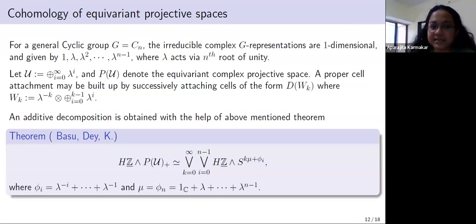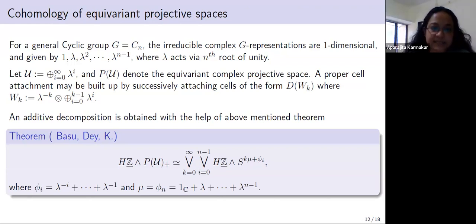This is necessary, as this proper attaching condition will help us attain the zero group as the cohomology of S0. Therefore, the attaching map will be 0. An additive decomposition is obtained with the help of the above mentioned theorem.